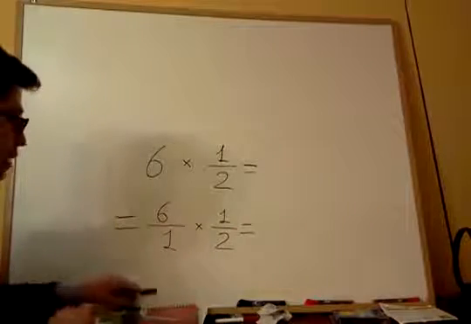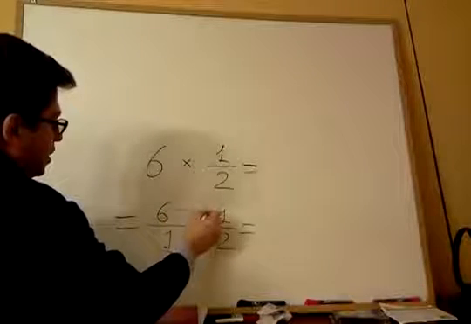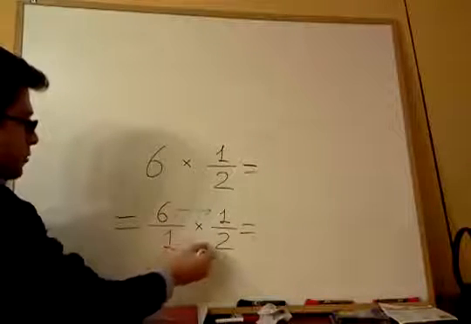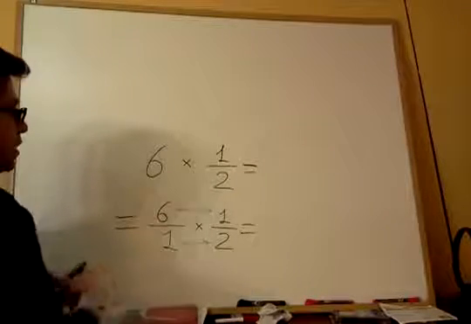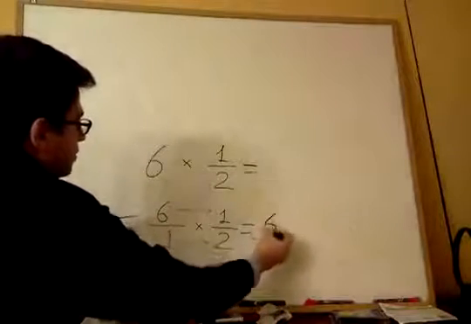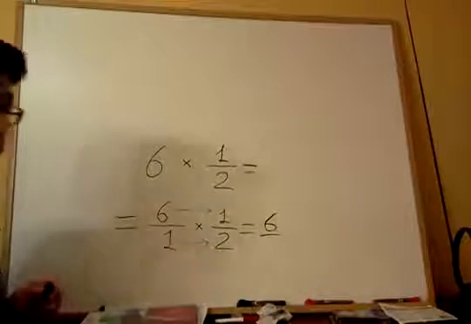Again, I multiply straightforwardly. First I multiply numerators, then I multiply denominators. 6 times 1 is 6. 1 times 2 is 2.